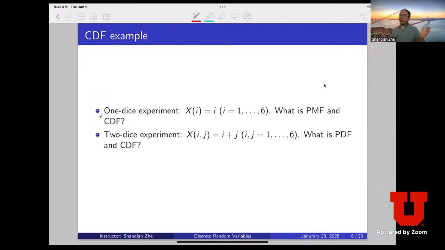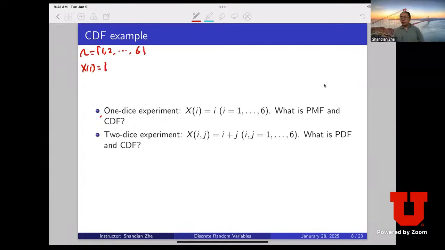And of course, you've got an equal chance to see every possible point from 1 to 6. So obviously, your sample space is just 1, 2 to 6, right? And our random variable is an identity mapping, meaning that given the input point, I just use that input point as my output.